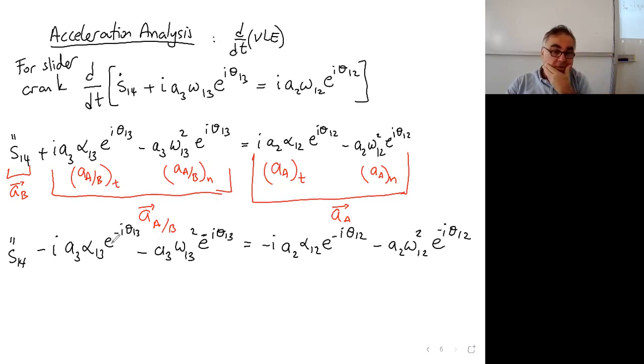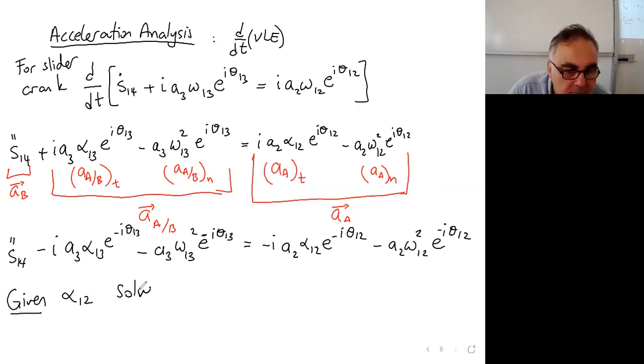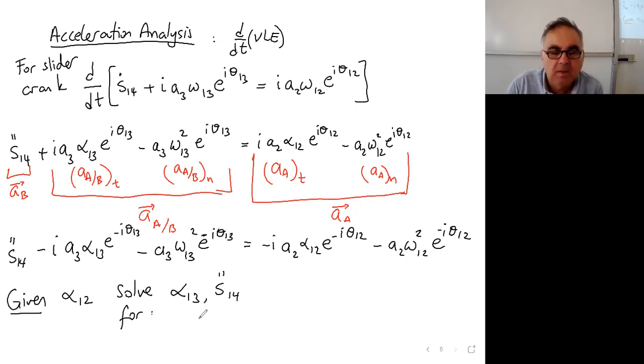But what are the unknowns? Again, we have one given and two unknowns. By the way, this is important.